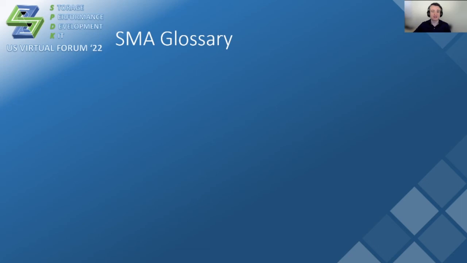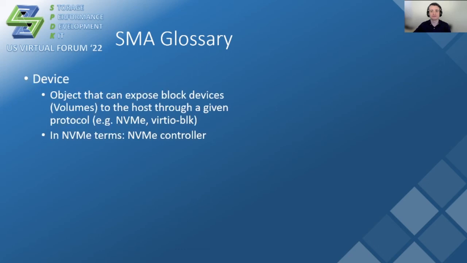Before we dive deeper into the details, let's discuss some of SMA's main concepts. So the first and the most important abstraction is the device. This is an object that can expose block devices, which are called volumes, to the host using a given protocol, such as NVMe or virtual block.